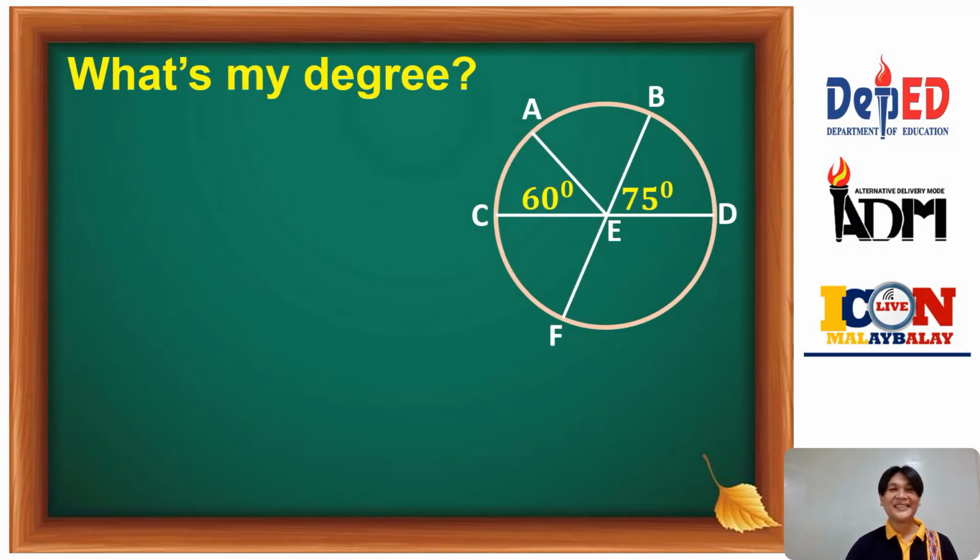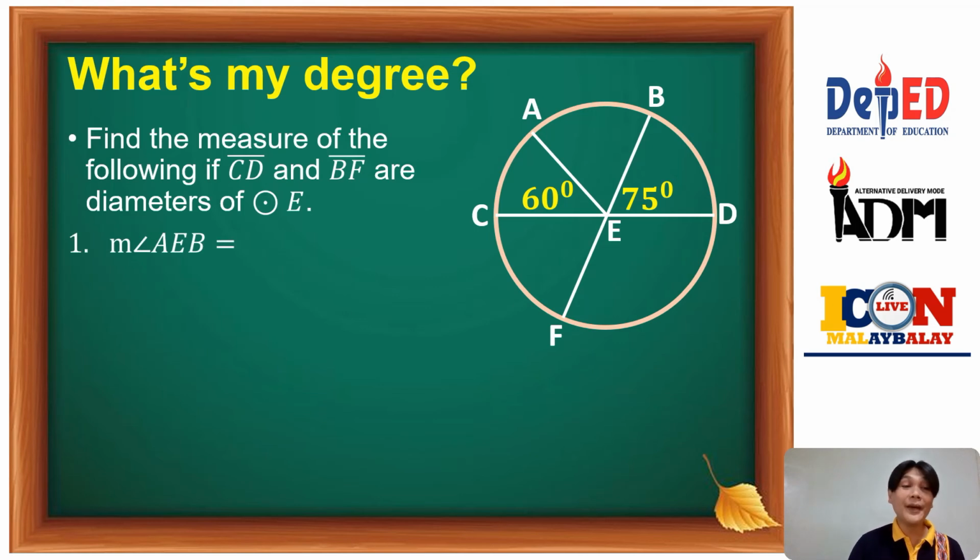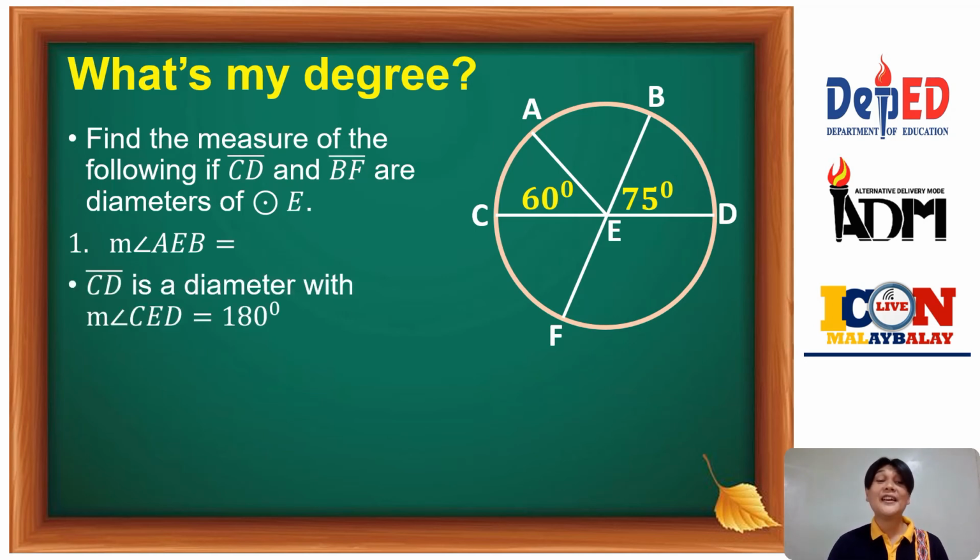Let's go! Find the measure of angle AEB using the figure. Take note that in the figure, line segment CD is a diameter, and the measure of angle CED is 180 degrees. If we add angle CEA plus angle AEB plus angle DEB, it is equal to 180 degrees.